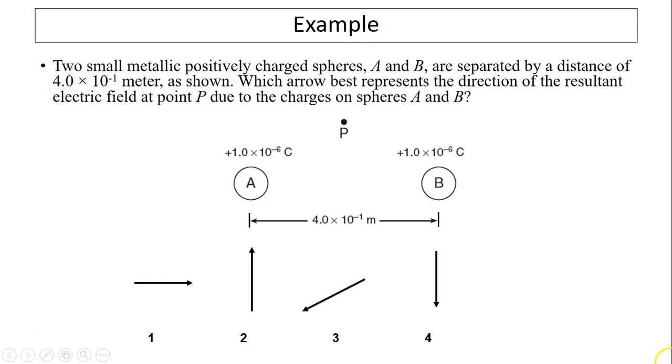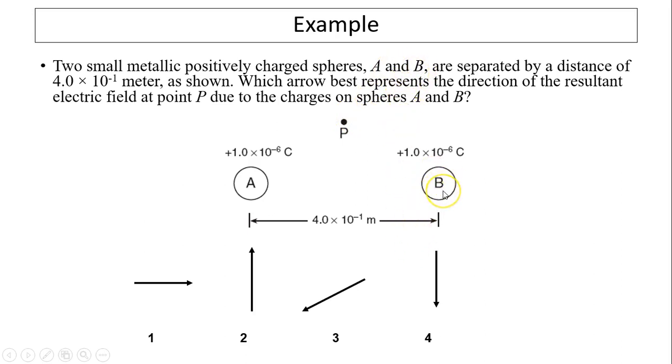Let's take a look at this example. Two small metallic positively charged spheres A and B are separated by a distance of 0.4 meters as shown. Which arrow represents the direction of the resultant electric field at point P due to charges on spheres A and B? So A is positive, it produces a field away from A, so going diagonally toward the upper right.